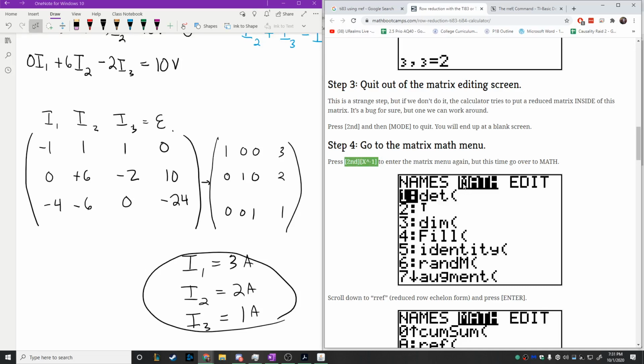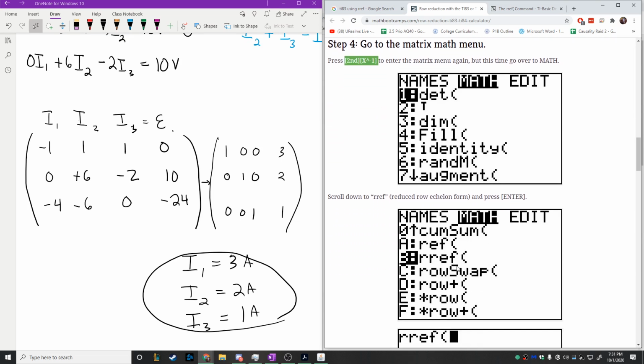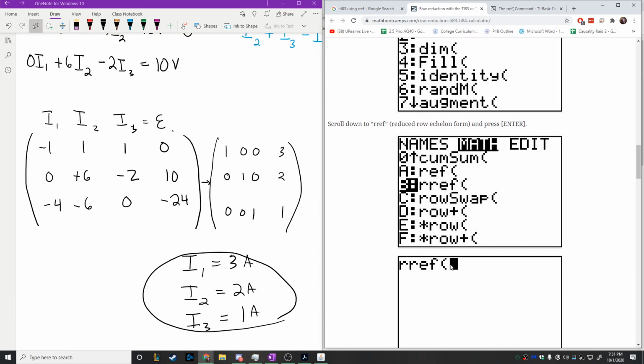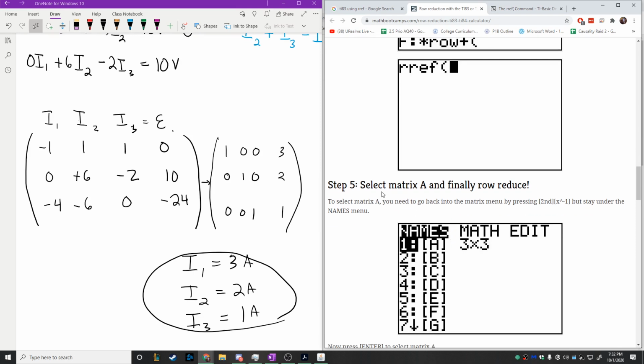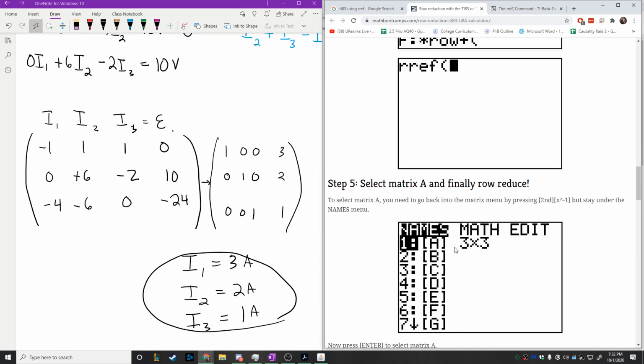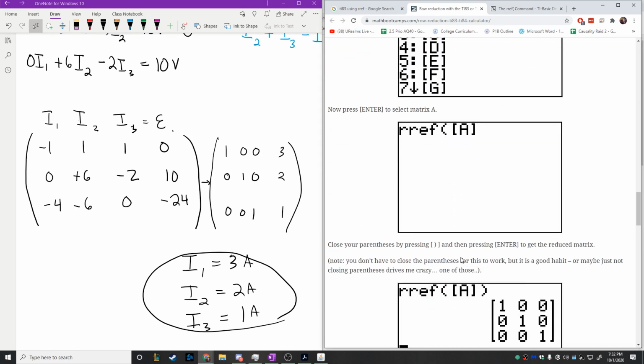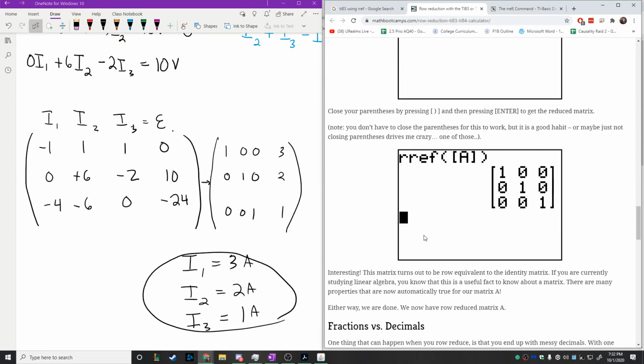But this time you go to the math part, and you scroll down until you see the letters R, R, E, F. You then push enter. It brings you back to the home screen, and it says RREF. That stands for Reduced Row Echelon Form. And then here you're going to put the matrix that you created. In this case, the matrix was called A. So you select the matrix A, you push enter again, and it spits out your answer.